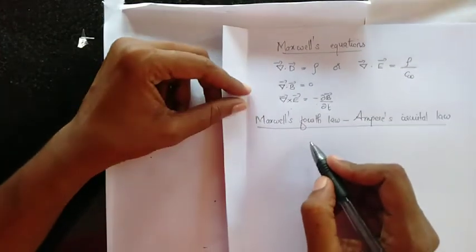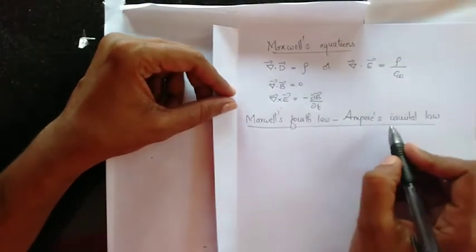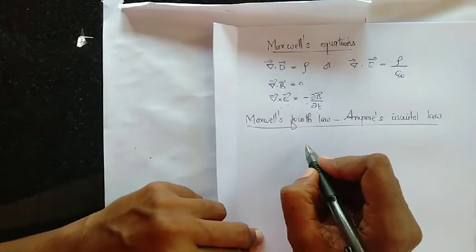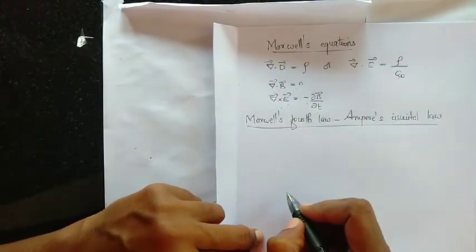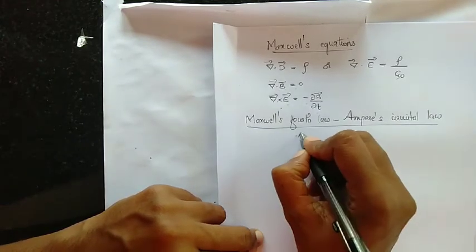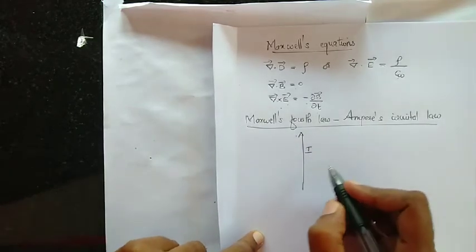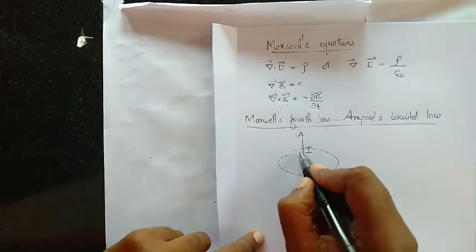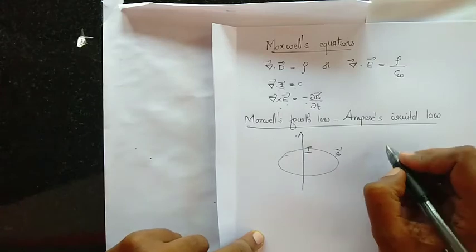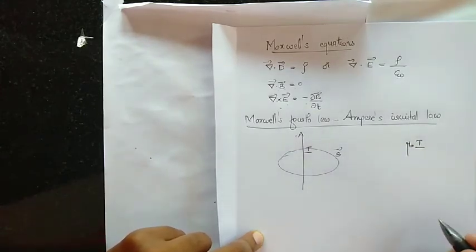Now here we are discussing Maxwell's fourth law, which was based on Ampere's circuital law. Ampere's circuital law states that if there is a current carrying conductor carrying a current I, then the line integral of magnetic flux density B around any closed path will be equal to mu 0 times the total current enclosed by the path.